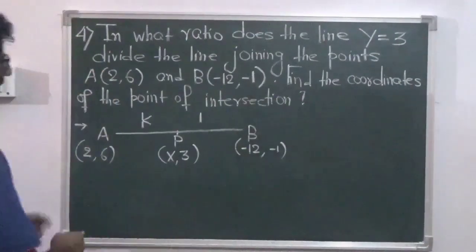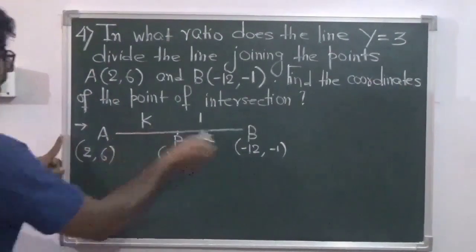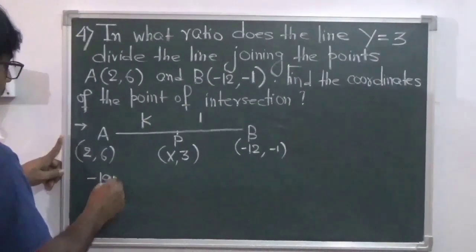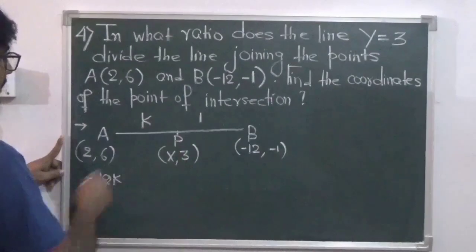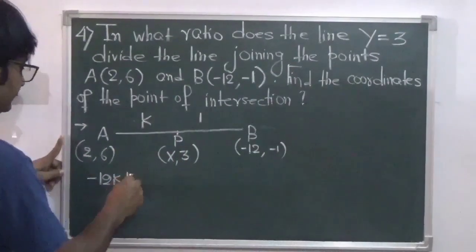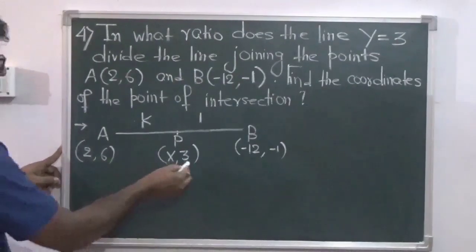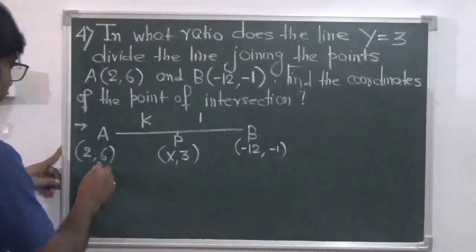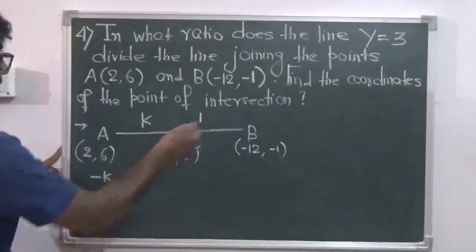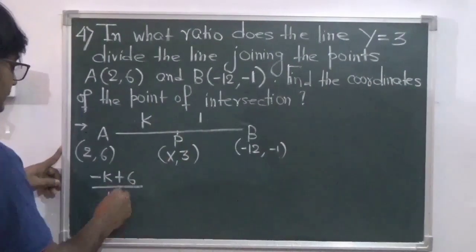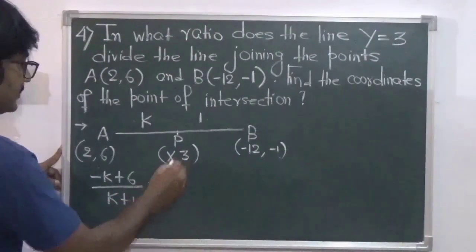Now by the section formula we have k into minus 1, that is minus k, plus 1 into 6, that is 6, by k plus 1, is equal to 3.